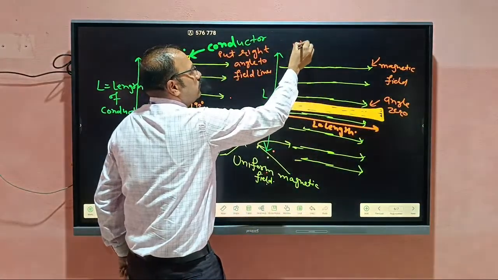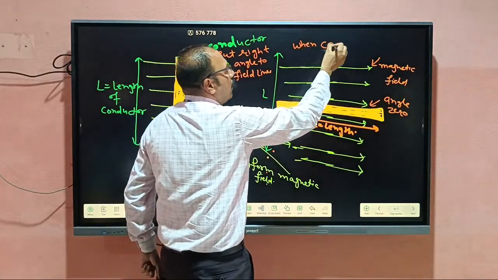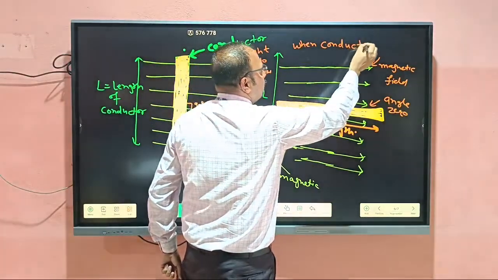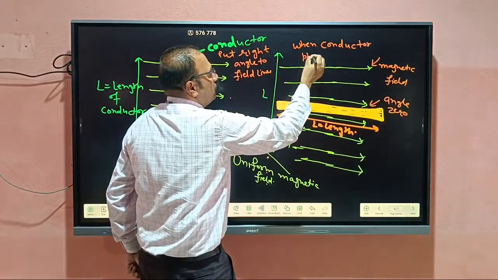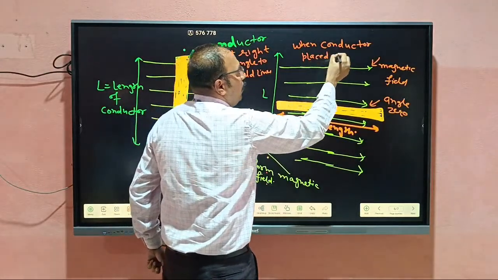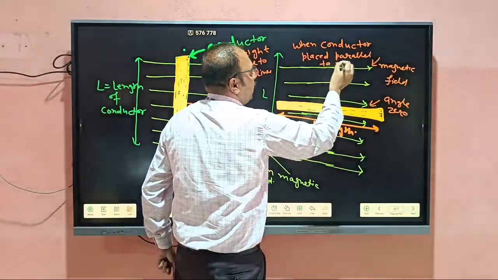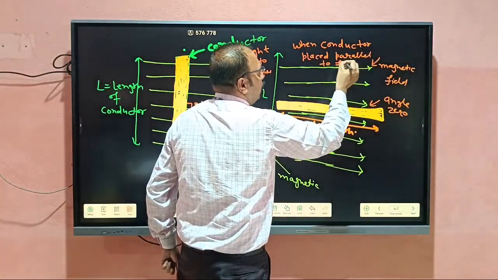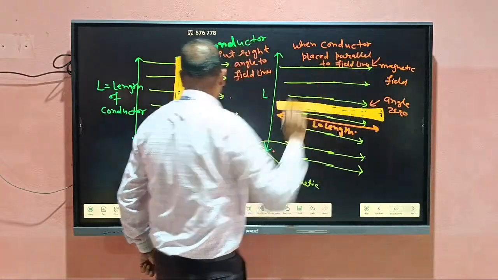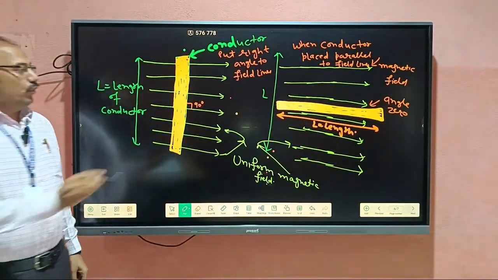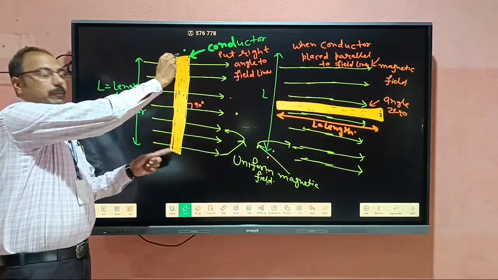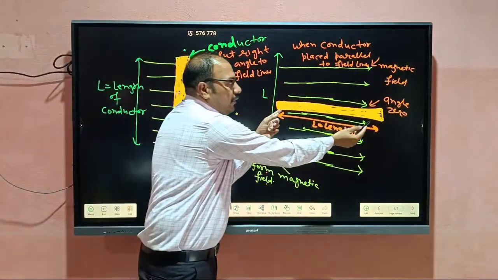So when the conductor is placed parallel to the field lines. So basically here are two cases: one is the conductor perpendicular, and the second is the conductor parallel.